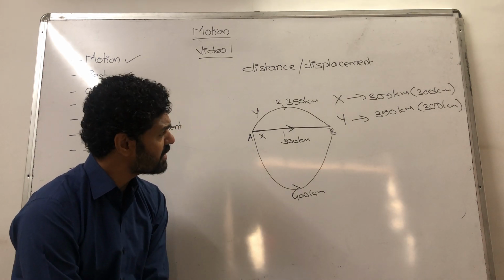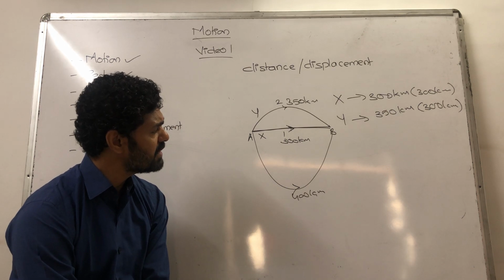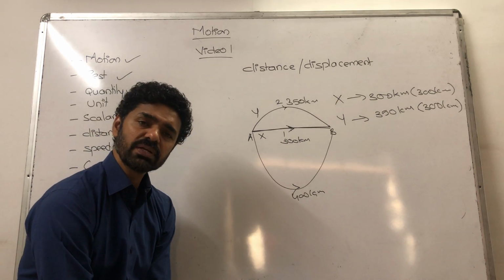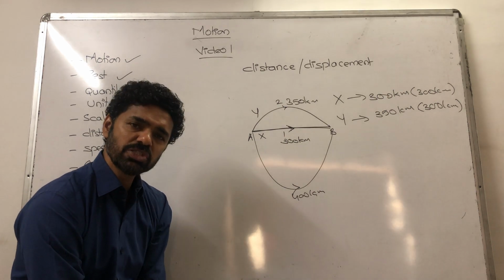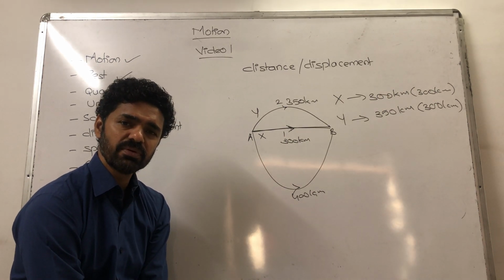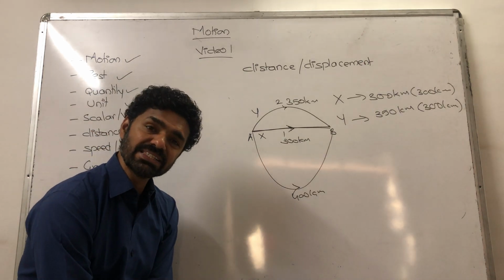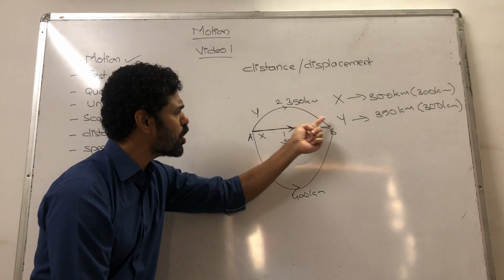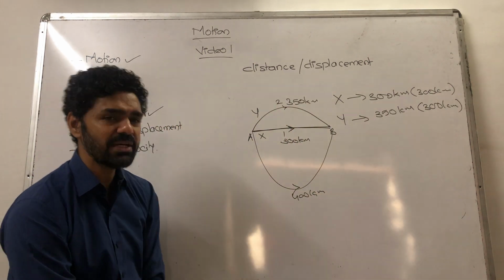So from this diagram, we can also infer one thing, that displacement can be equal to distance if the object is in a fixed straight direction. But displacement can never exceed distance. You can follow a convoluted path. When you follow a convoluted path, the distance will increase.